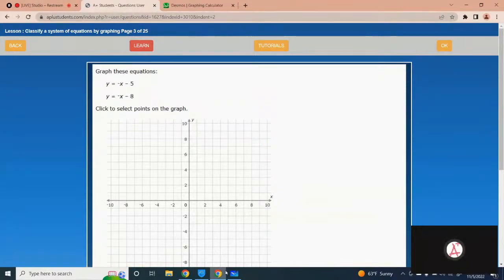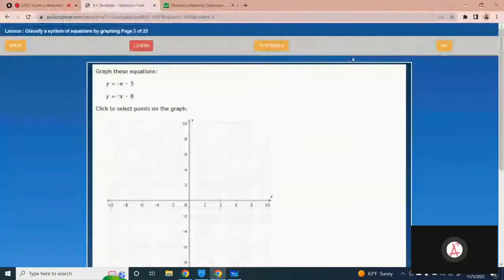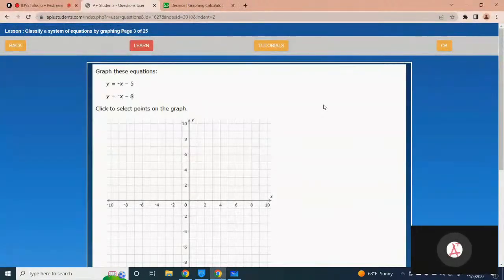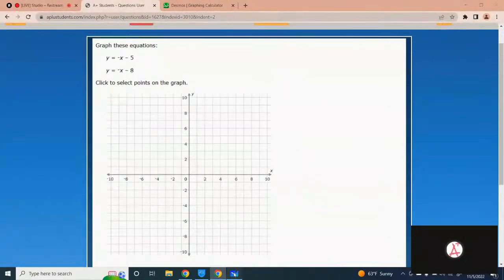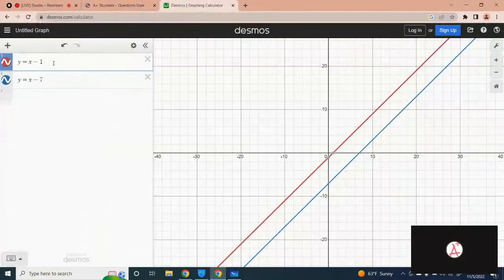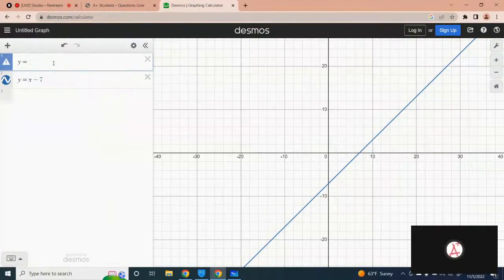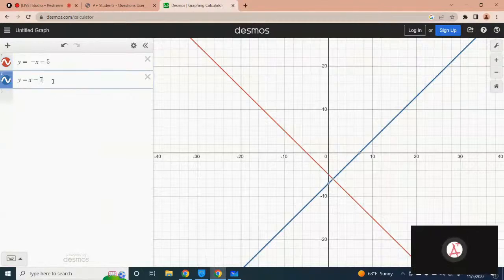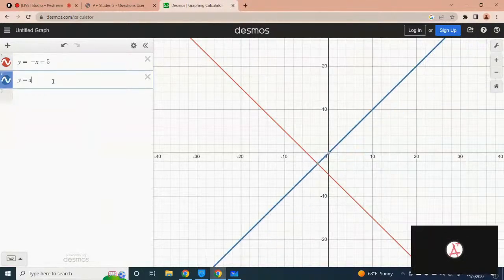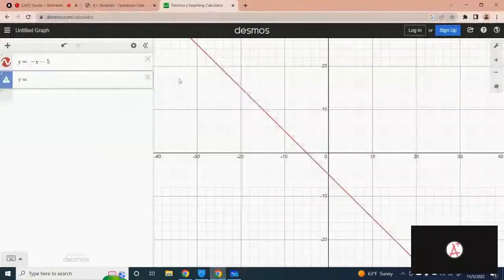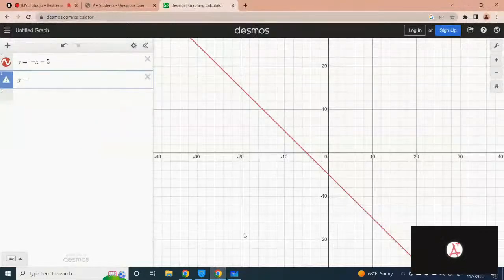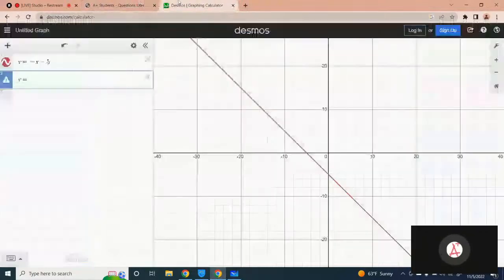Okay, now let's move on to the next example. Okay, the next example is y equals negative x minus 5, and the second equation is y equals negative x minus 8.